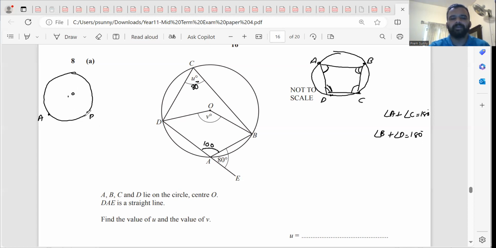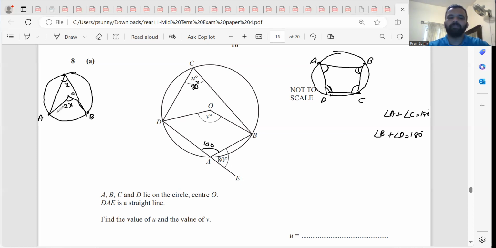Let's say this is a point on the circumference, and this is the center point of the circle. Now the angle formed at the center will be 2 times the angle formed on the circumference.